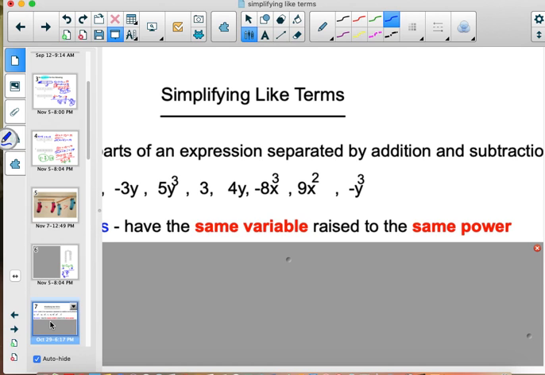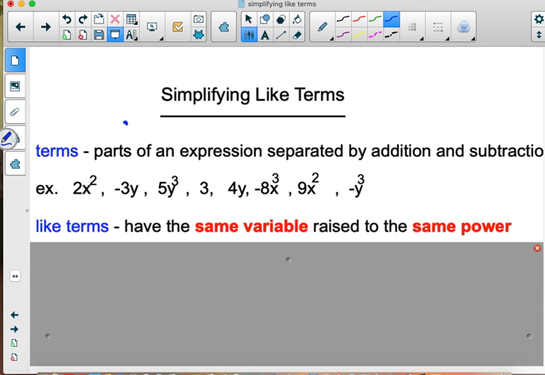Alright, get out your notebooks. And today's date is 11-7. Oh, it's 11-7. 9/11 is not a bad word. It's a date.